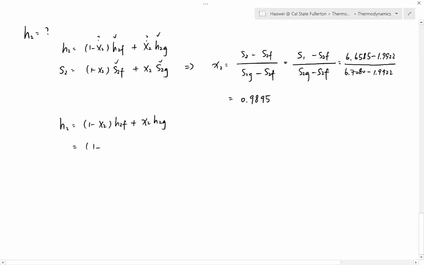We do plug and chug. Our solution to H2 is 2741.8 kilojoule per kilogram. So now we're done with H2.